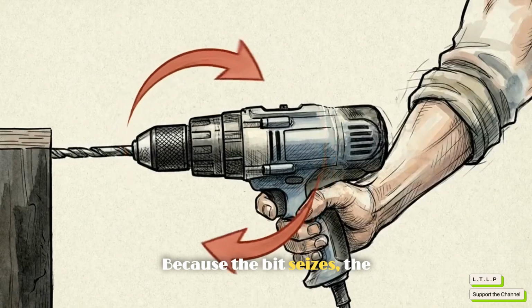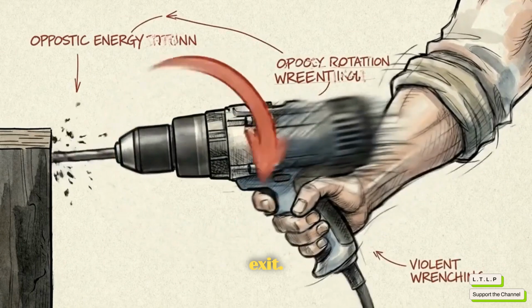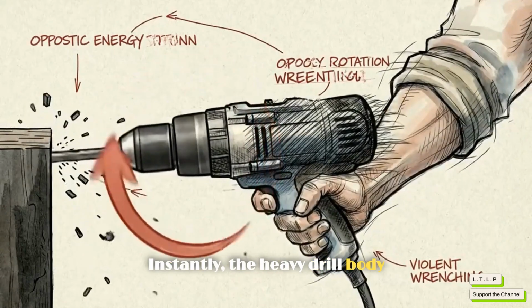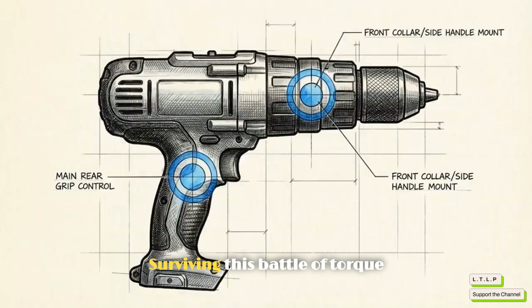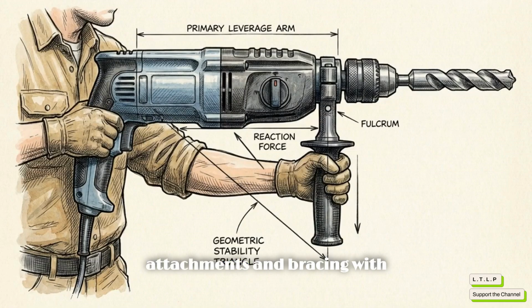Because the bit seizes, the motor's energy searches for an exit. Instantly, the heavy drill body violently twists sideways against the user's locked wrist. Surviving this battle of torque requires expanding your geometric control points. By utilizing side handle attachments and bracing with both arms, you rely on mechanical leverage rather than raw physical strength to absorb the shock.